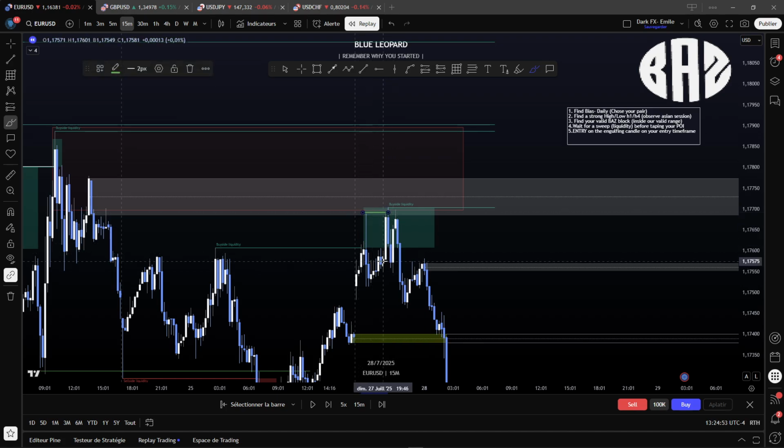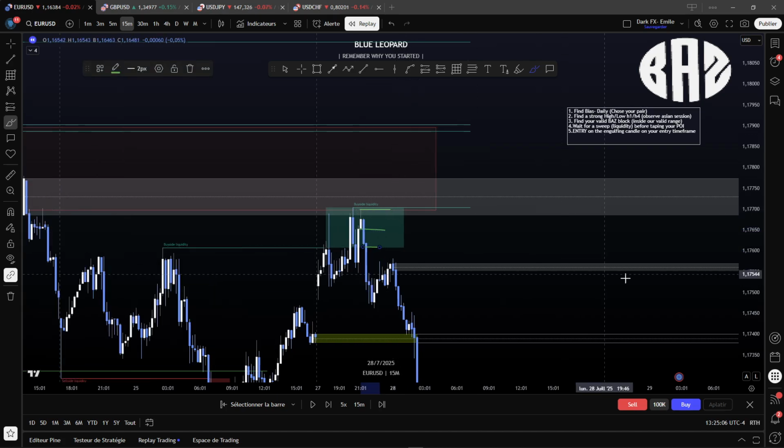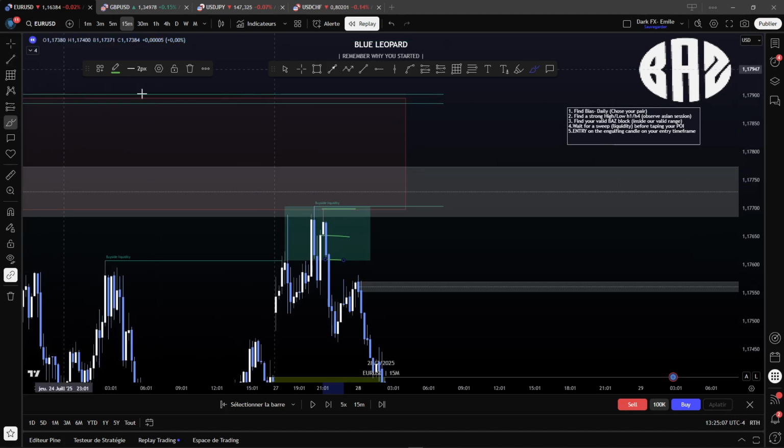And once we had this, we could think of selling, but the one that I see that is clear is around here, engulfed. Once we close here, I hope you all know what an engulfing candle is.